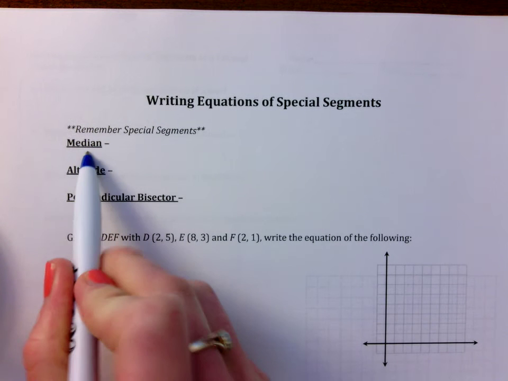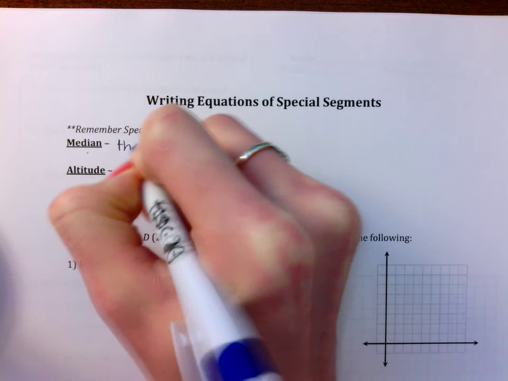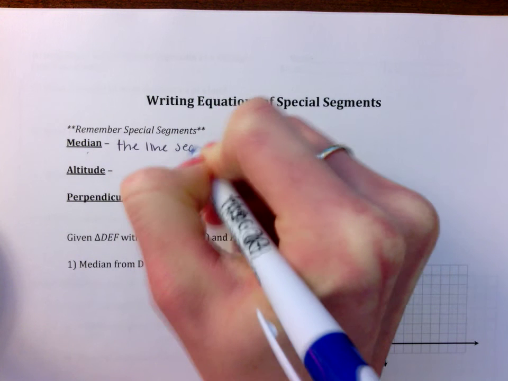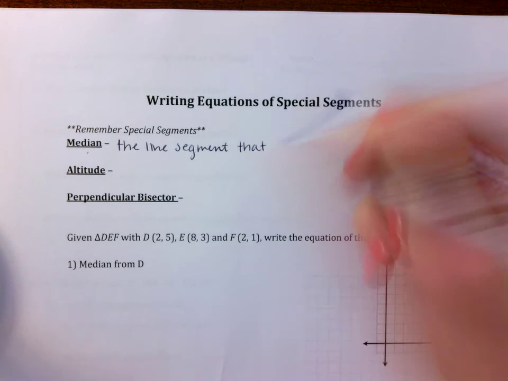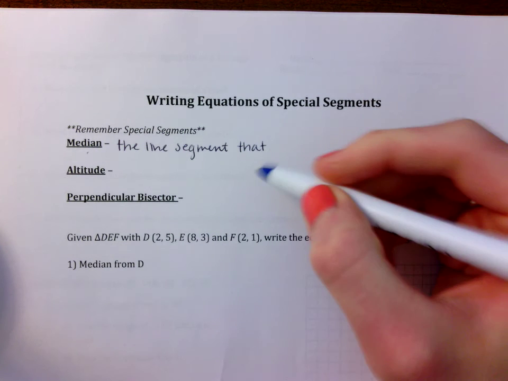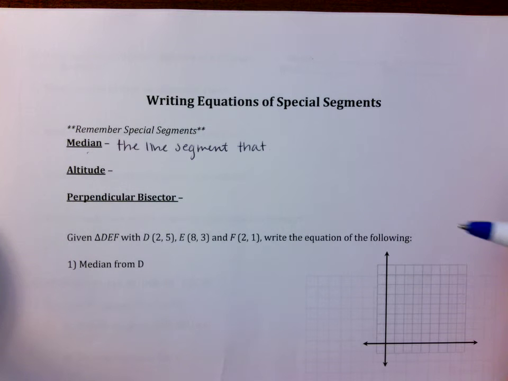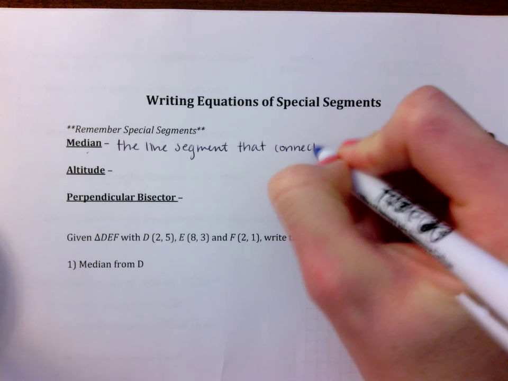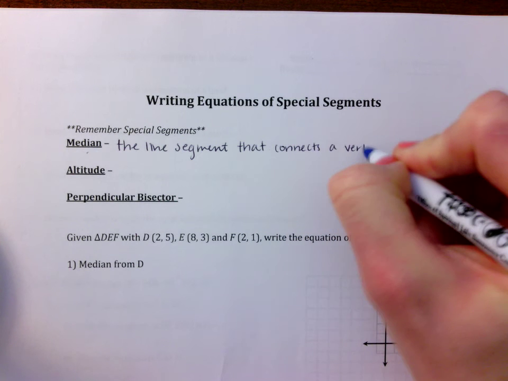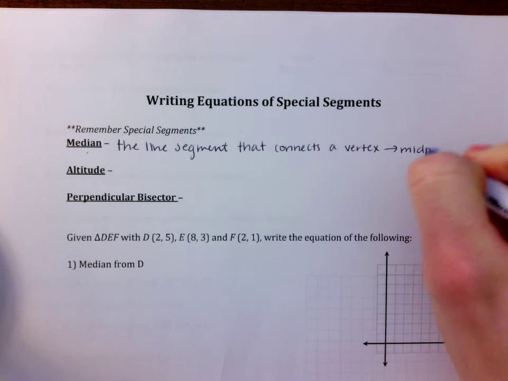So if you remember, a median is the line segment, and this is not the official definition that you learned, but I'm reviewing it in a simpler way, that connects a vertex of a triangle to a midpoint.